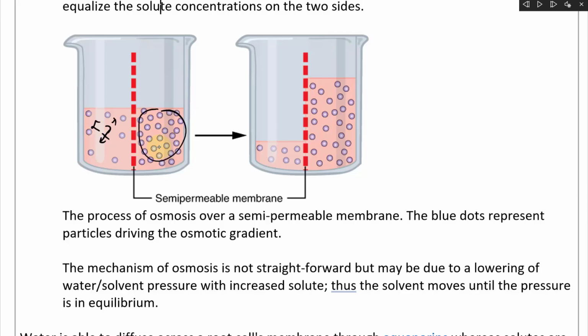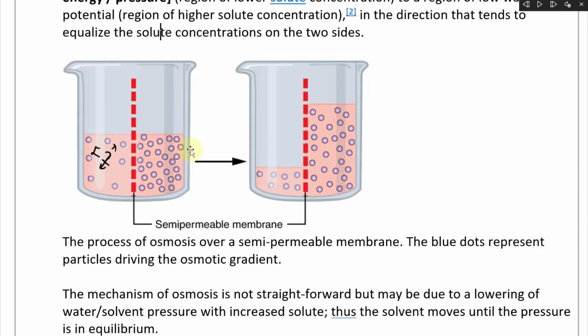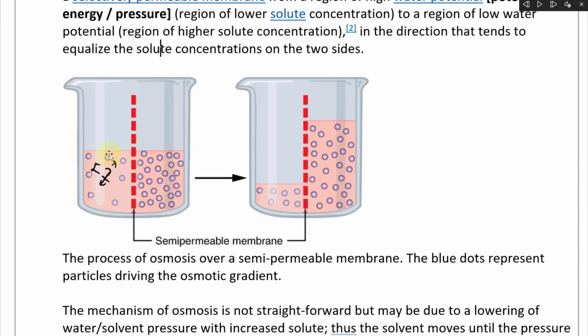There's not much water. So what's going to happen is the water pressure wants to go inwards until this equalizes the solute concentration. And that is osmosis. Basically, this one here is a low concentration of solutes, high concentration of water. So you can think the water is there, but it wants to equalize both the water concentration and the solute concentration, relative to each other.